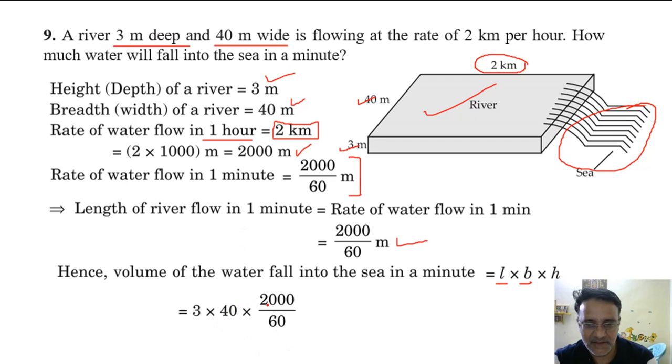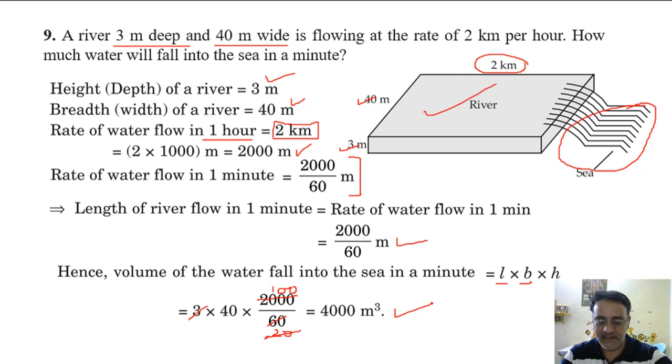Okay. So how do you do the calculation? See here, this is 20 and you can cancel this 20 with this, you will get 100. So what is the final answer? 4000. Right, 4000 meter cube. Any doubt in this question?